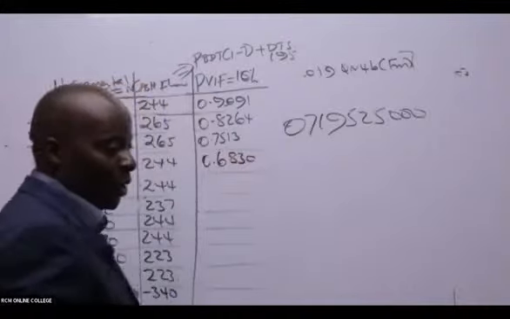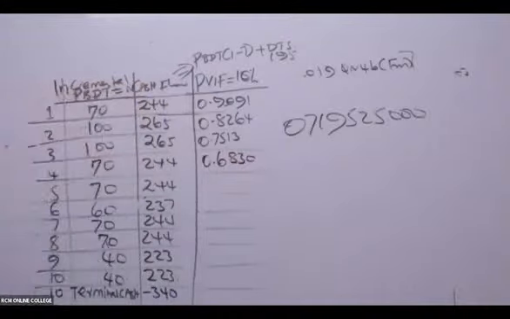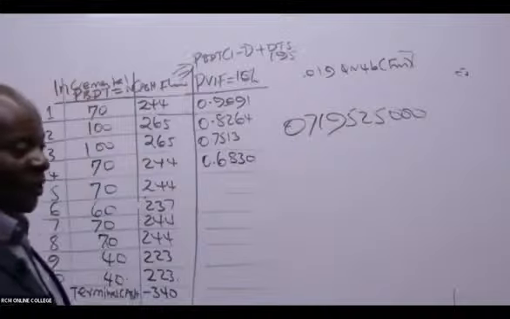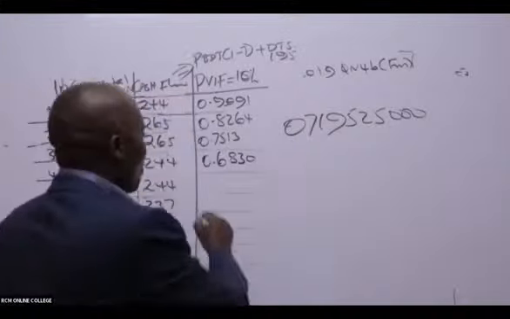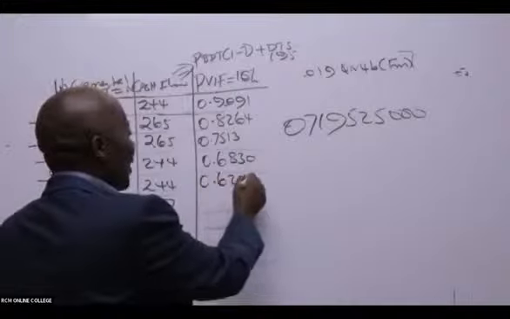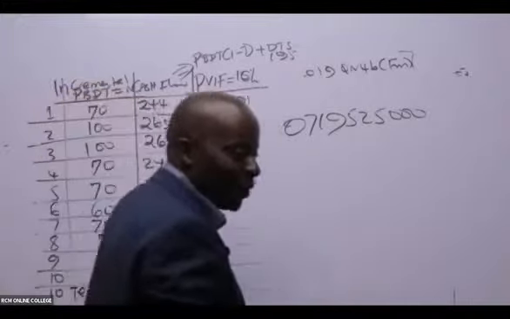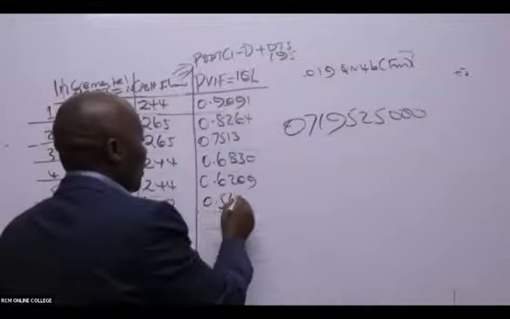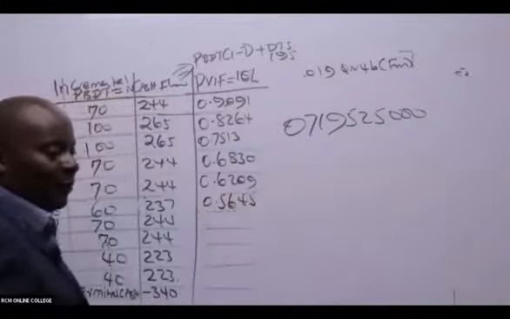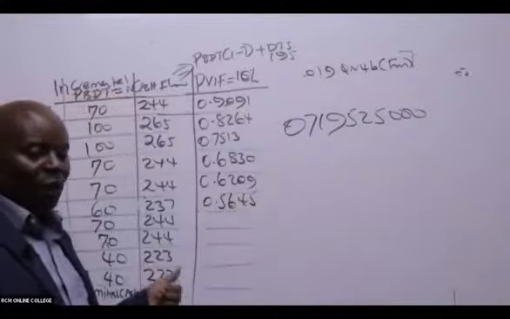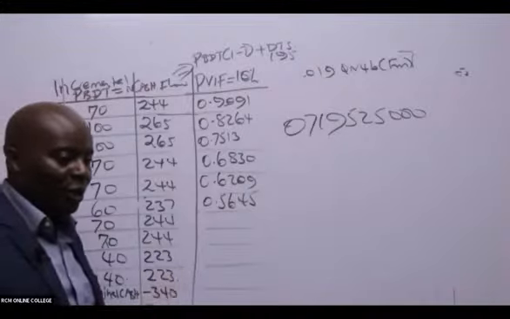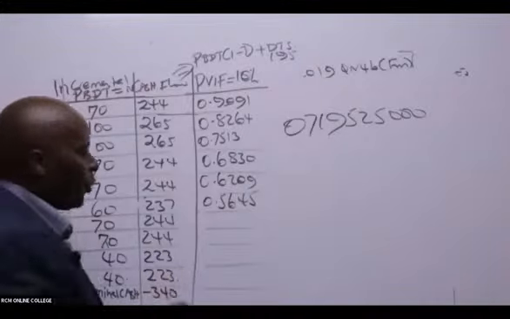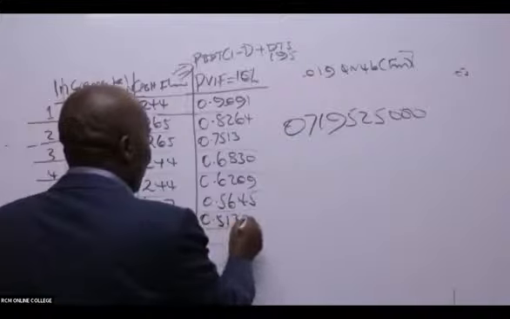From there, we go to year number five: 0.6209. Then 0.5645. Thank you so much. Then 0.5132. Yes.